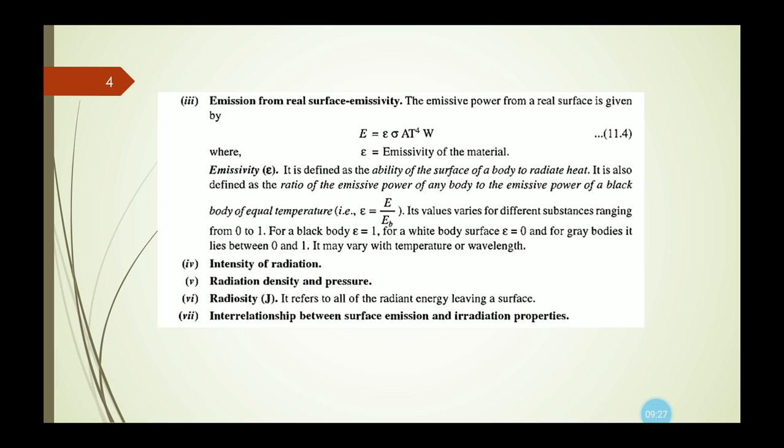And there are some more parameters like intensity of radiation, radiation density and pressure, then radiosity, which is all of the radiant energy leaving a surface, and the interrelationship between surface emission and irradiation properties. So these are some surface emission properties.